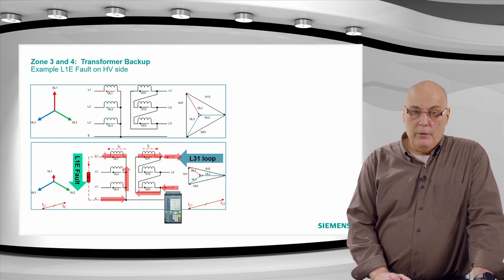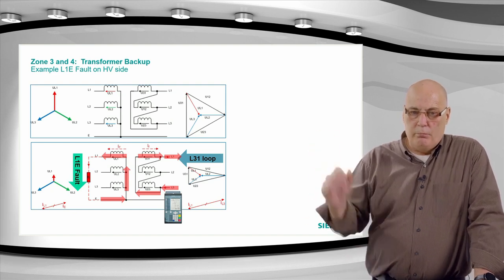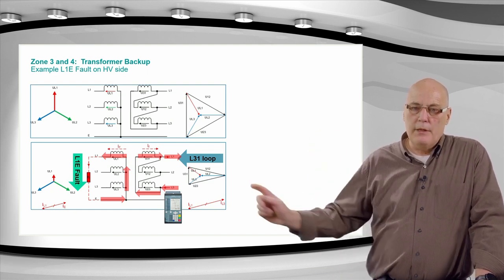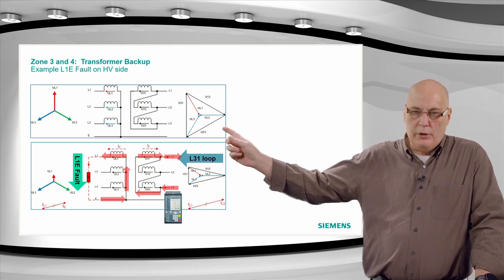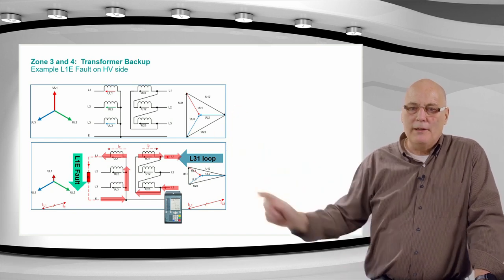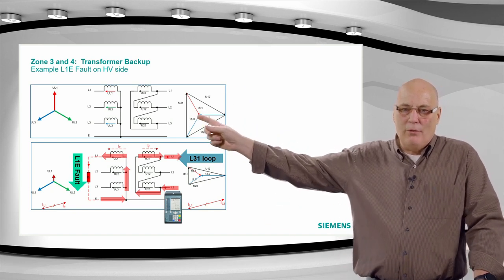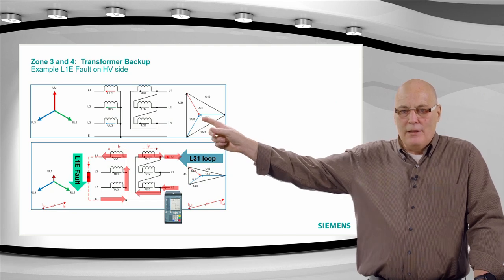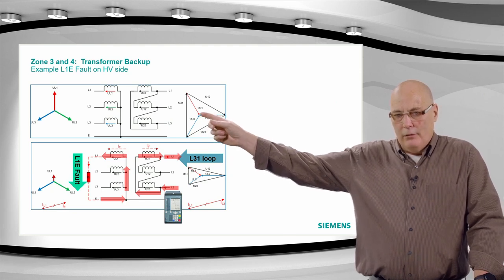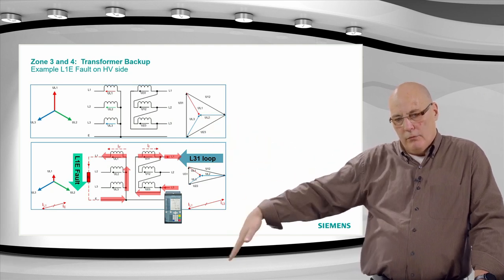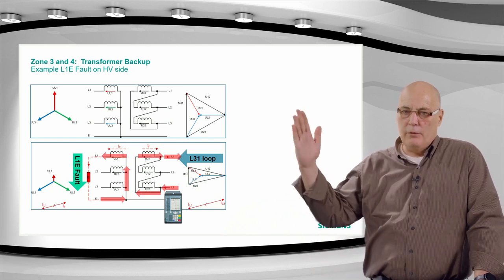In this diagram we see a little example. The top is a circuit diagram. If you don't want to look at it in detail, you can see the L1 voltage at the top is pointing down here. Look at the red arrow down to the fourth quadrant, or basically look at the angle.